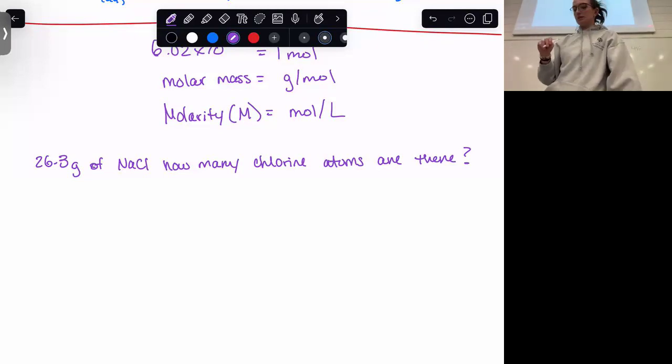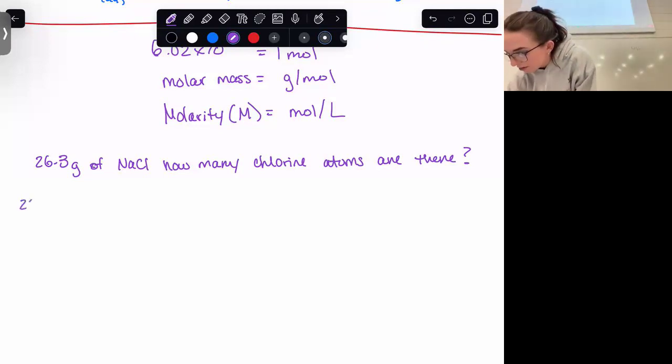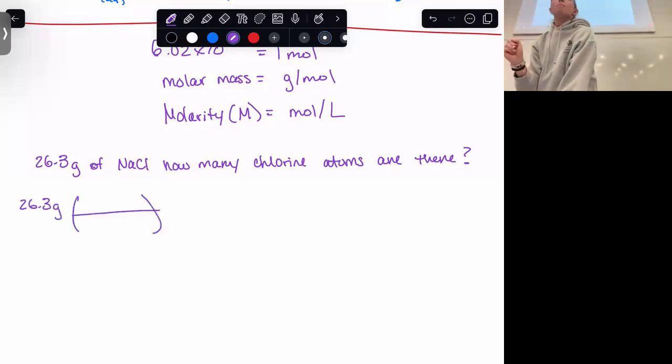What would be your first step in solving this question? Grams to moles, good. We need to convert grams to moles. In order to do that, we need to know the molar mass of sodium chloride.